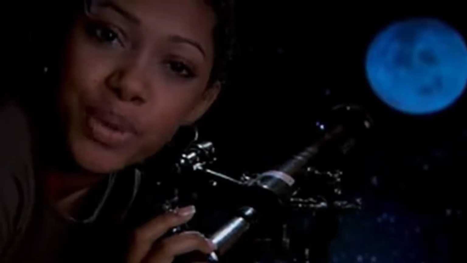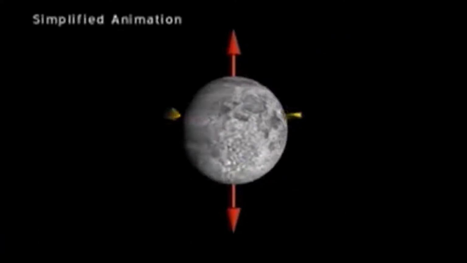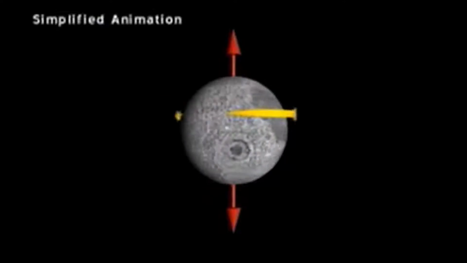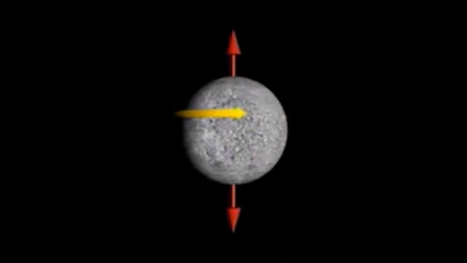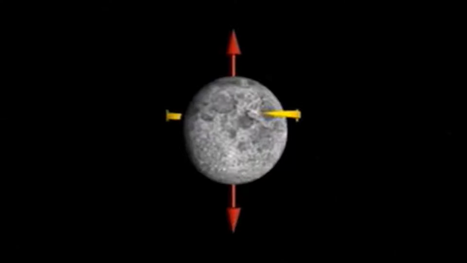This one's for all you romantics out there. When you stare up at the moon, do you ever notice you always see the same side of the moon facing the Earth? A lot of people think it's because the moon does not rotate. Surprise, the moon does rotate. So how can we always see the same side? First, let's start the moon rotating on its axis. You would think we would see all the sides. But now, let's put the moon in orbit around the Earth.